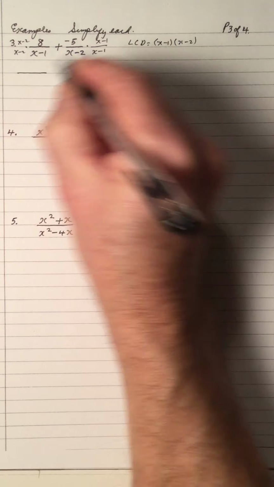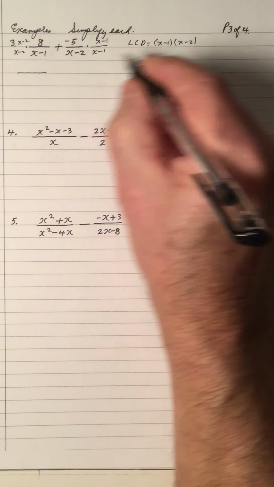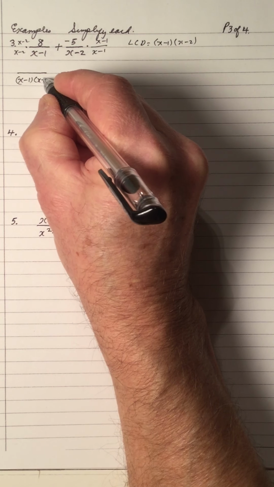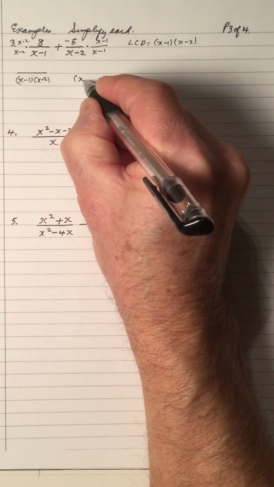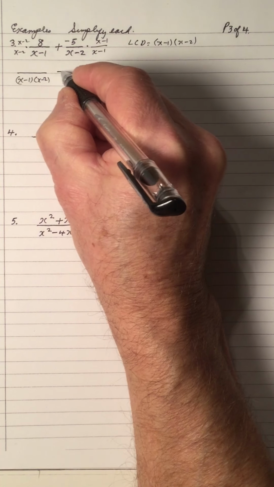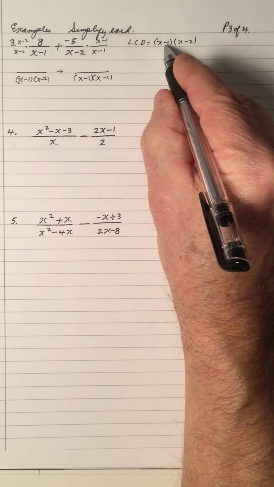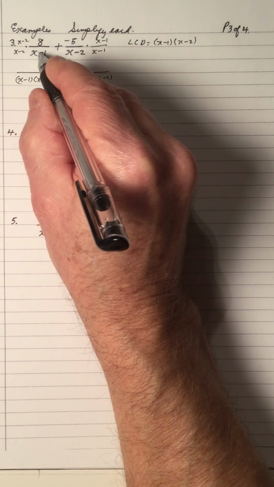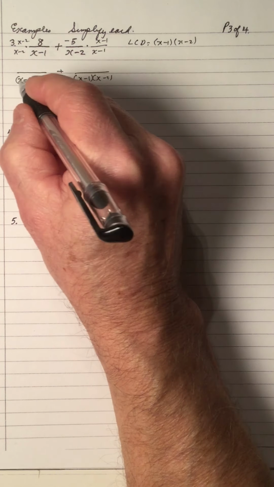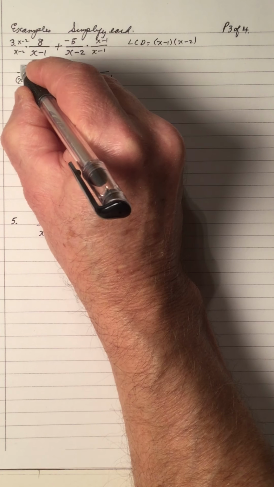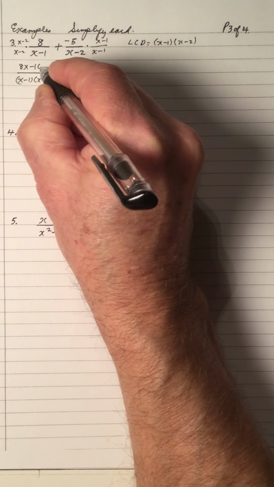That gives me, so whatever this denominator is here, remember, that's the one I'm going to put down twice here. I'm going to keep them in the same order. x minus 1 times x minus 2. They're there, even though x minus 2 is first here and x minus 1 is there. Keep the two of these the same. So 8 times x minus 2 is 8x minus 16.